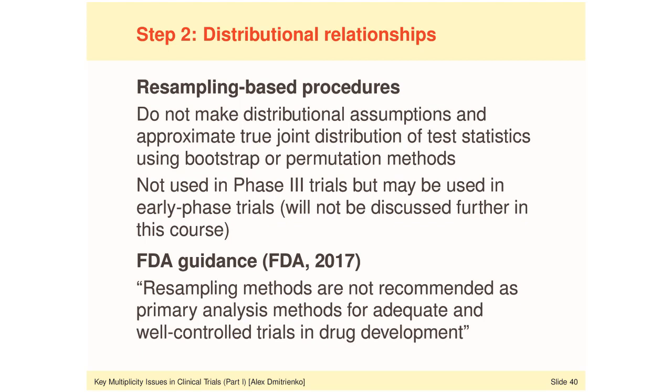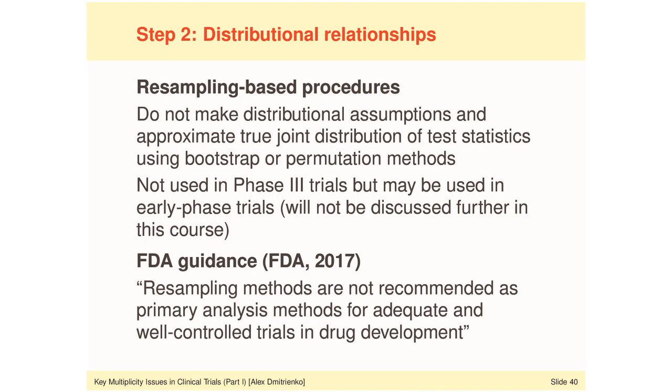When it comes to confirmatory trials, the FDA guidance on multiple endpoints makes it clear that resampling methods are not recommended as primary analysis methods for adequate and well-controlled trials in drug development. Section 4 of this guidance document states that there is at present little experience with these methods in drug development clinical trials.